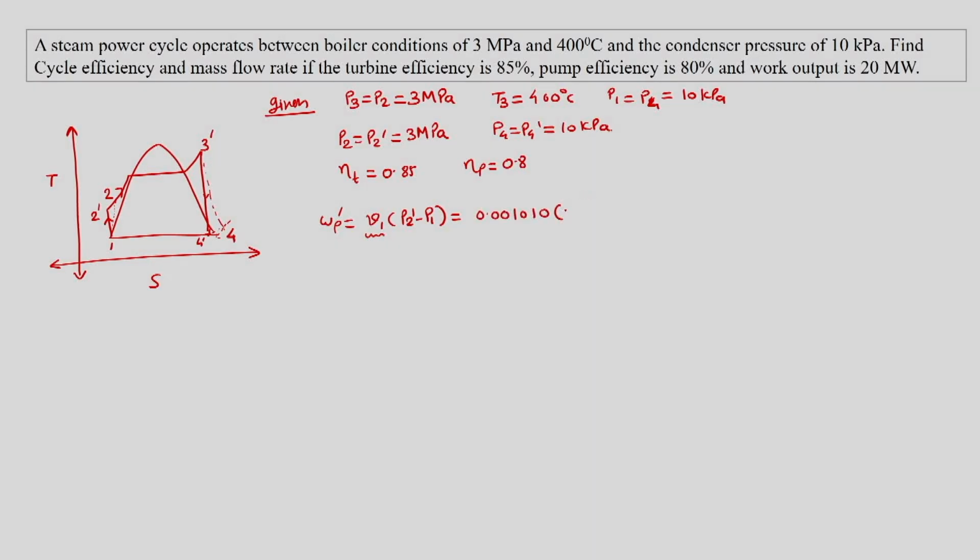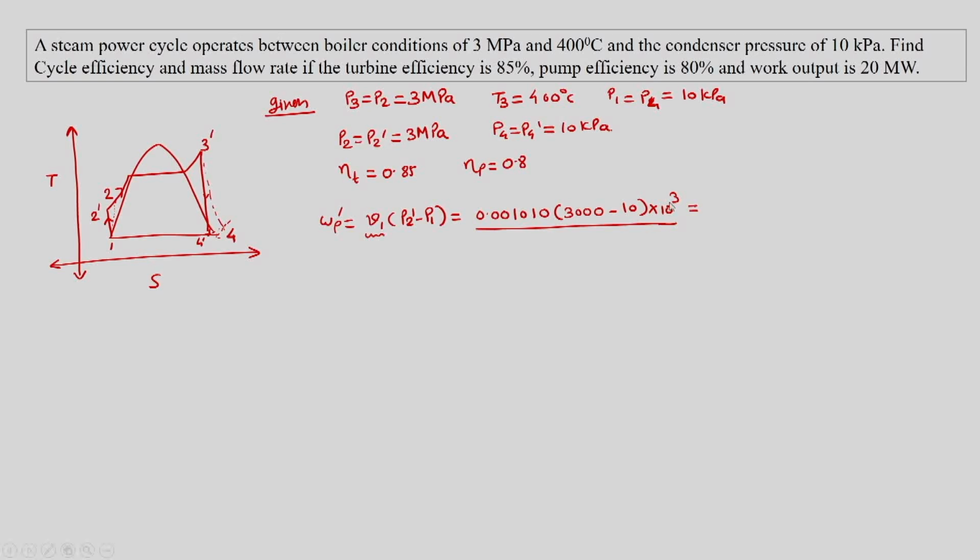So P2 dash is 3 megapascal, so 3000 kPa minus 10 kPa into 10 to the power 3 in terms of Pascal, and then this will give us pump work in the ideal sense.